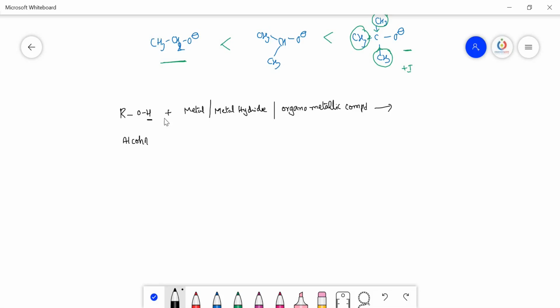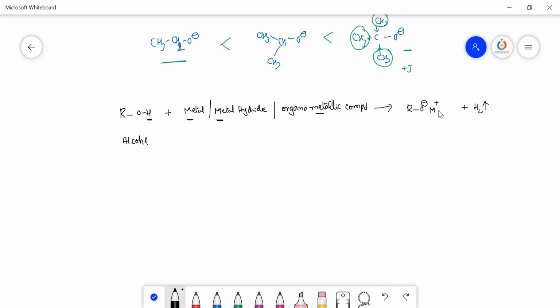Alcohol immediately loses this H plus ion to the metal. If any metal is present in that particular molecule, it immediately loses the hydrogen, so it liberates hydrogen gas. Afterwards it forms the metal alkoxide. This is not a covalent bond.